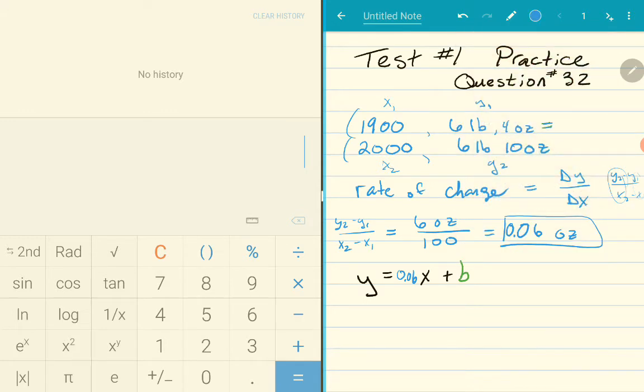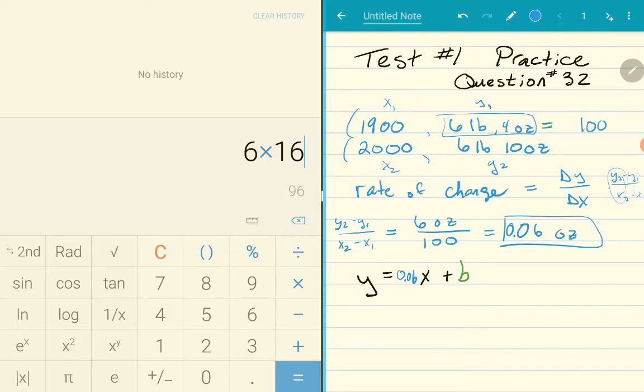So 6 pounds, so 6 times 16. That's 96. So this y1 is 96 ounces plus 4 more ounces.